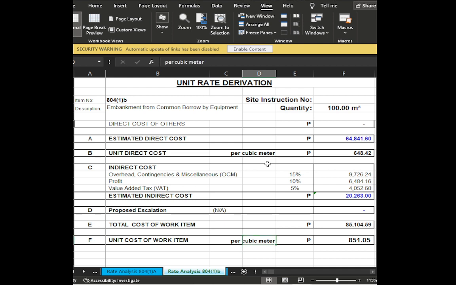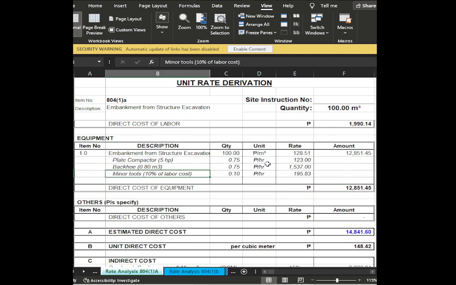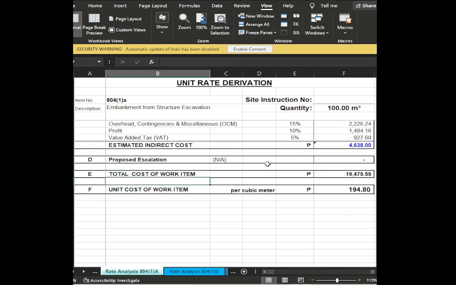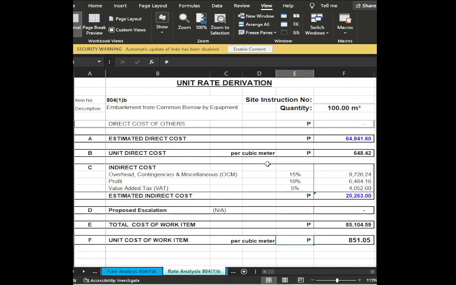The previous one, embankment from structural excavation, is only 194.8. So with the difference of the materials, it becomes 851.05.